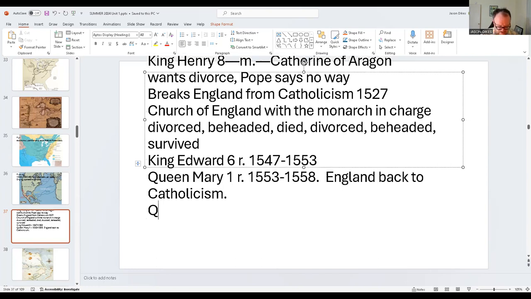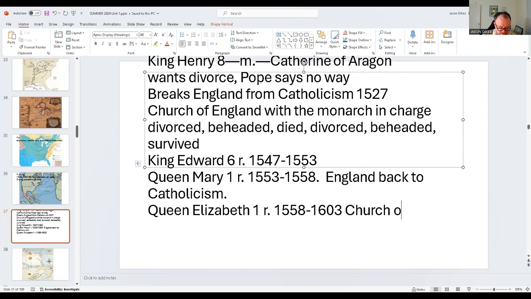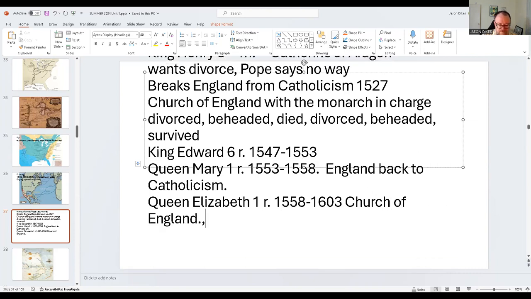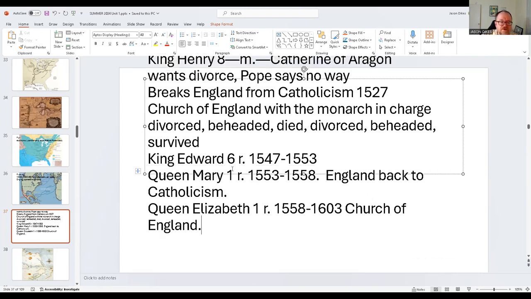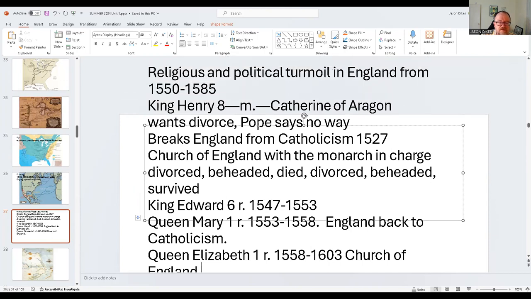And that gets us Queen Elizabeth I, who will reign from 1558 to 1603. And everybody's going back to the Church of England. Okay. So if you've noticed, we've had a king, another king, a queen, and then another queen.